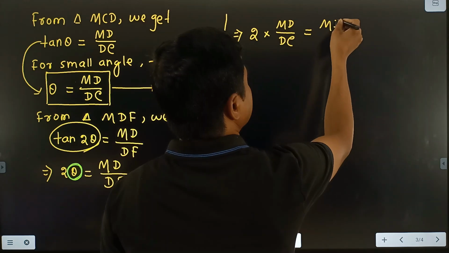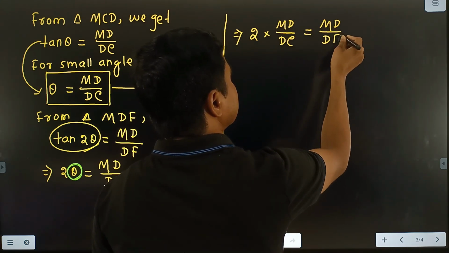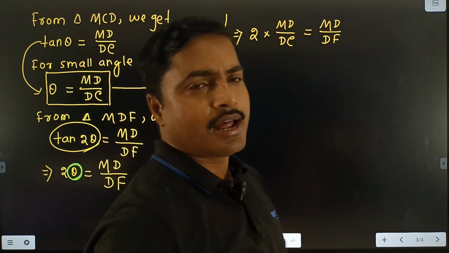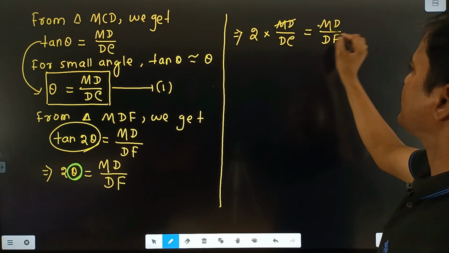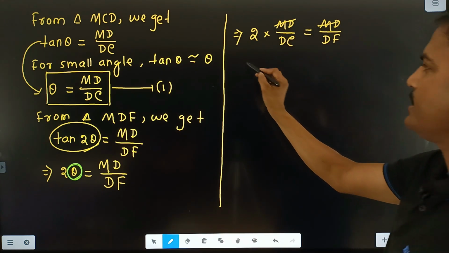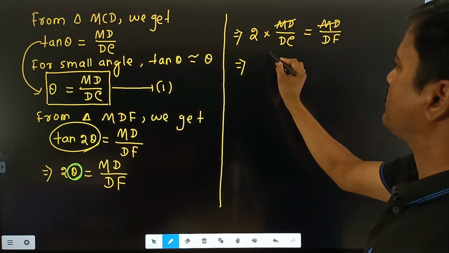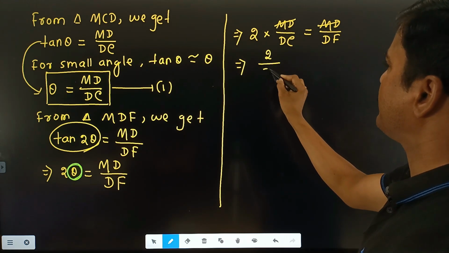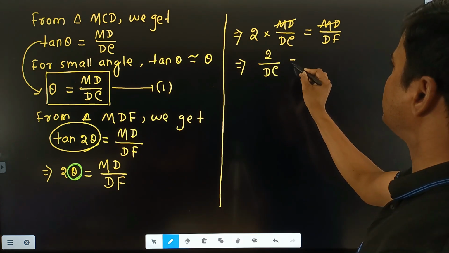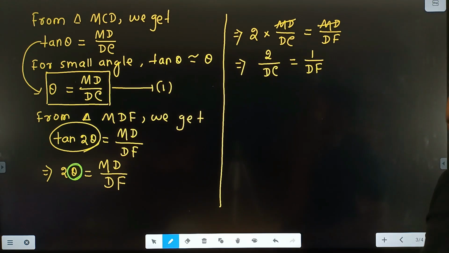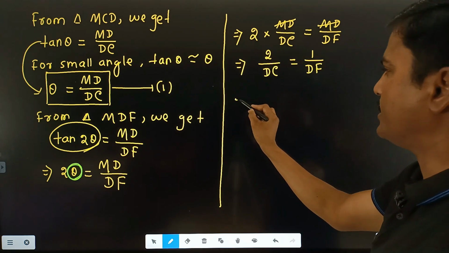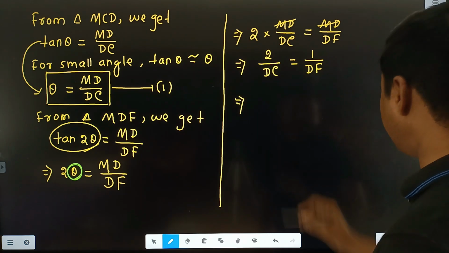Clear? And on both sides MD is there, so MD cancels, and remaining is 2 divided by DC is equal to 1 divided by DF. Here DC and DF are there.